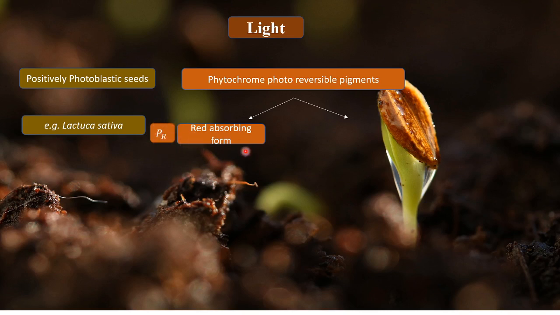the pigment that absorbs red light, right? And the other is PFR, that is the pigment that absorbs far red light, right? So these are the two forms of the pigment. PR is actually blue in color, but it absorbs red light.